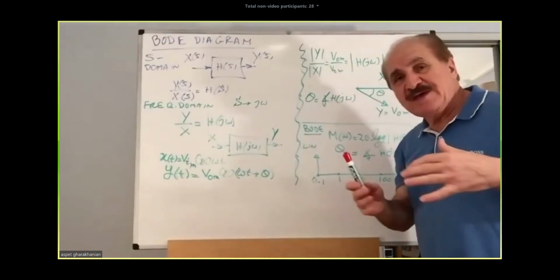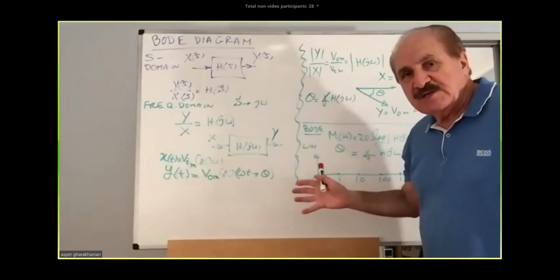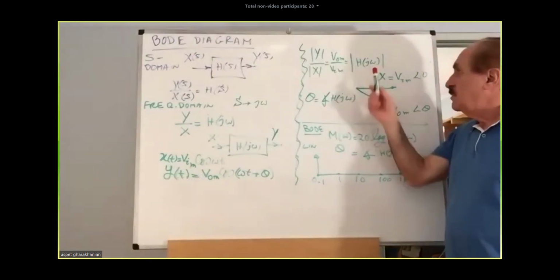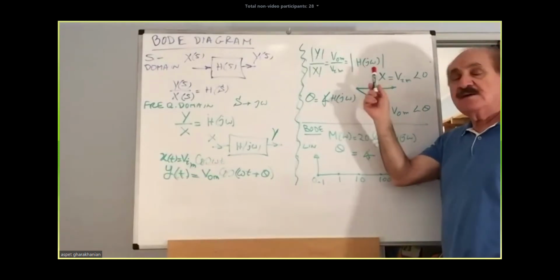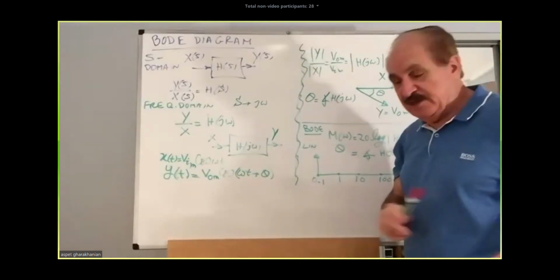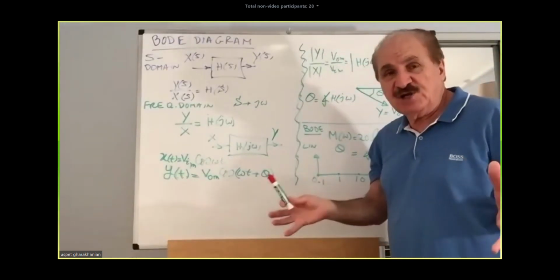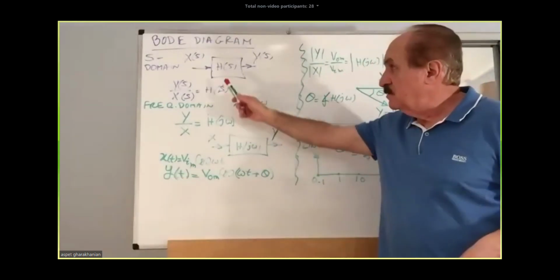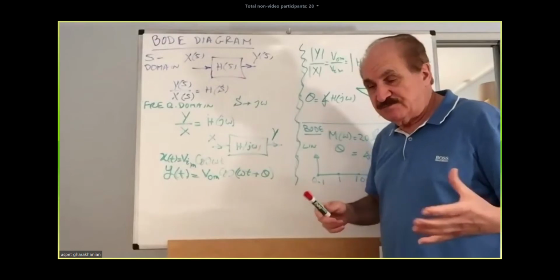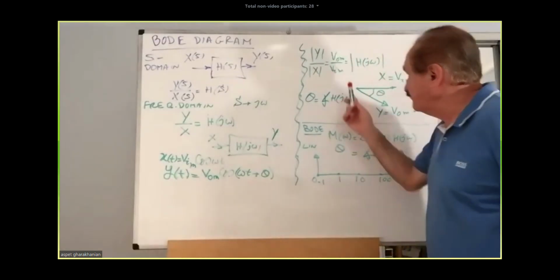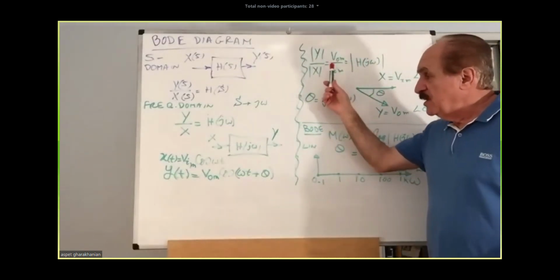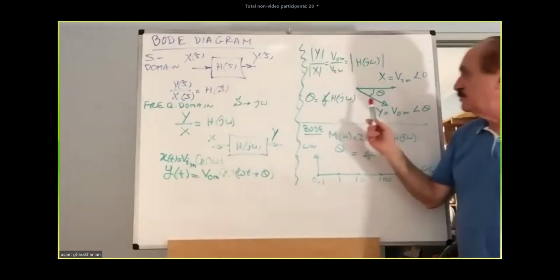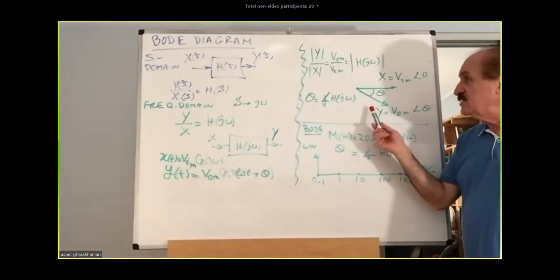But if omega is open, a frequency anywhere from 0 to plus infinity, then the magnitude of H(j omega), in general, will be a function of omega and the system parameters, the content of the system. Similarly, the phase angle between output and input, here, this is the picture of the phase angle.